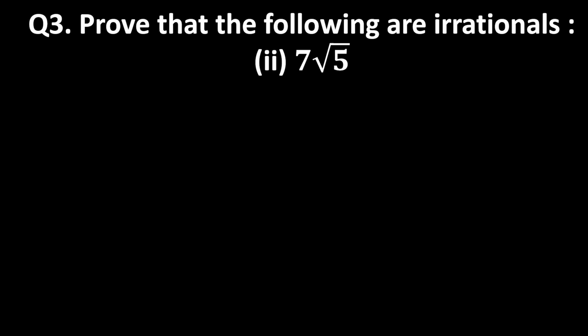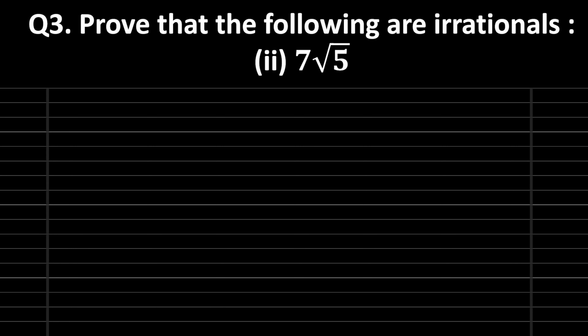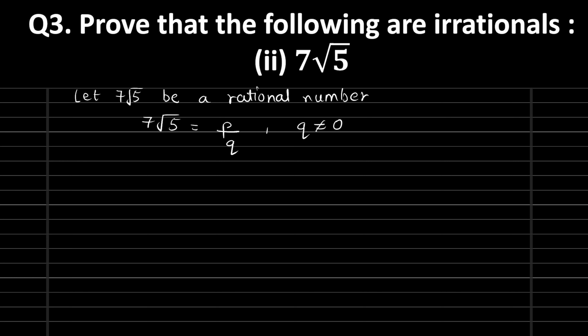Now this is the second subpart of question number 3. So here also we'll assume first of all, let 7 root 5 be a rational number. Which implies that we can write down 7 root 5 in the form of p by q, where q is not equal to 0.